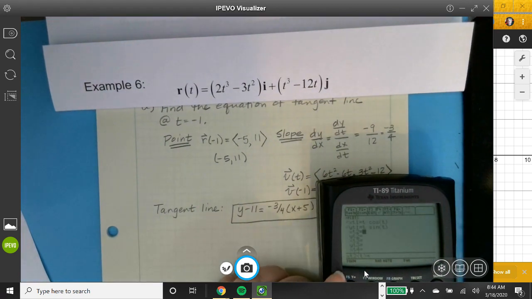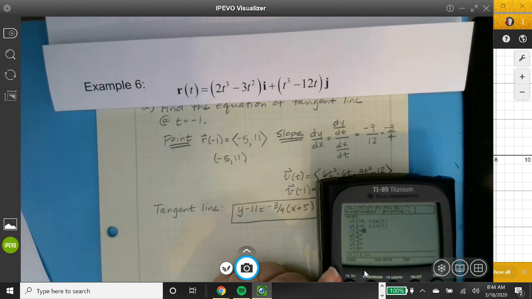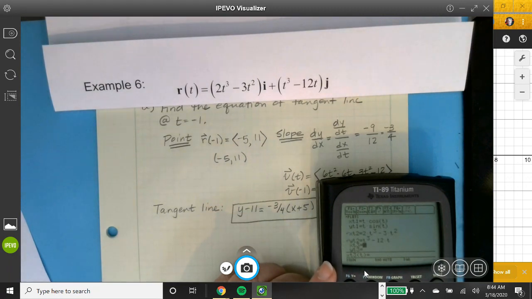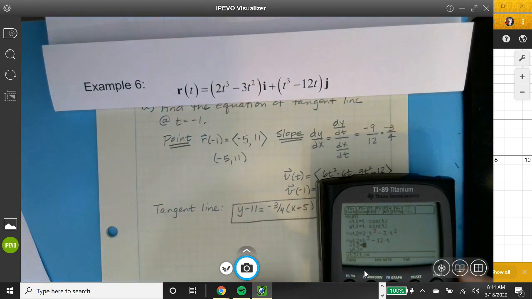So diamond y equals, I'm going to deselect these by pressing F4, and then we're going to put our new curve in here, which is going to be 2t to the third minus 3t squared. And then we're going to put in our other curve, which is t to the third minus 12t. All right, and then I'm going to change my window around a little bit.